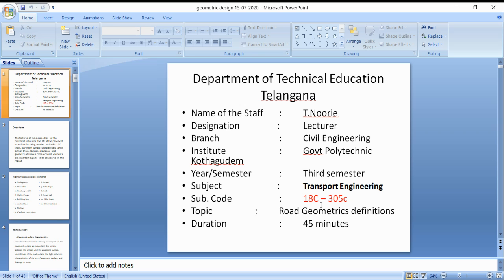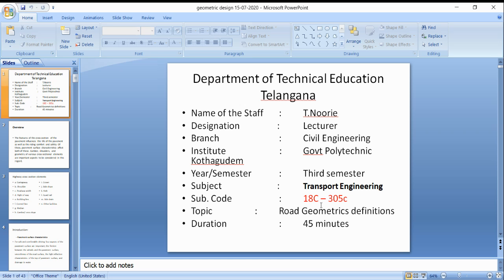Next comes the wearing course. It is the topmost layer, in contact with the vehicles, or the road traffic, and it should be impervious. If rainwater or drain water falls on the road, it should run off easily and quickly, because if water penetrates or stagnates on the wearing course, the life of the road gets reduced.